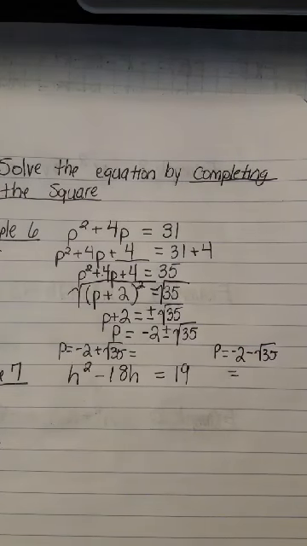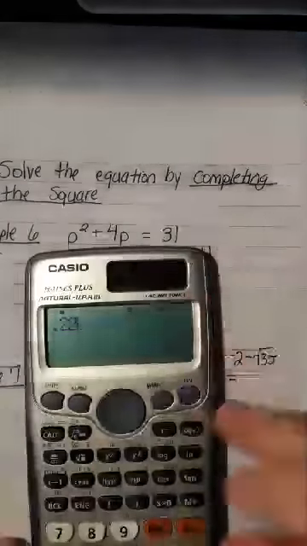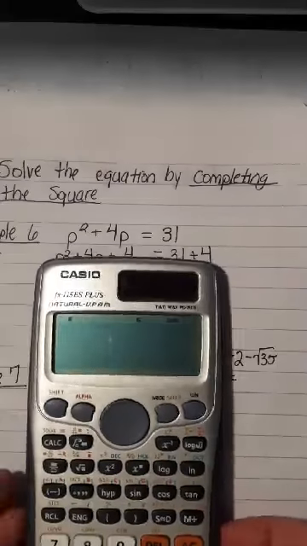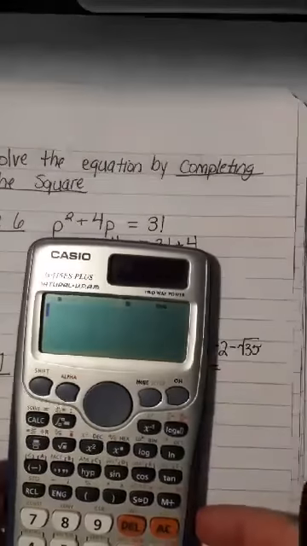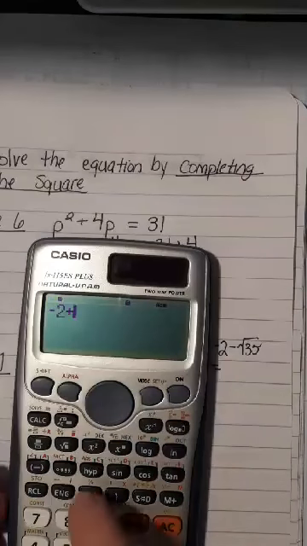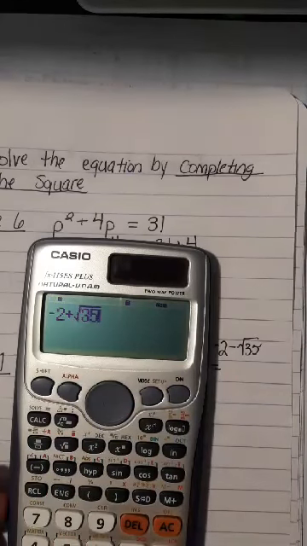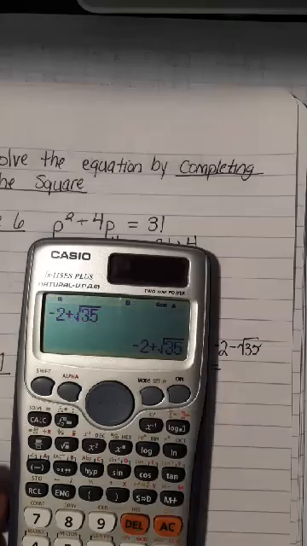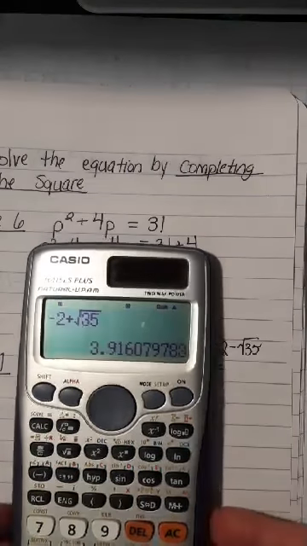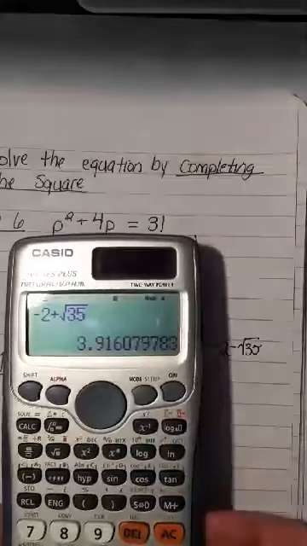Okay, so let me get my calculator. So I'm going to punch in -2 plus the square root of 35. Hit equals, and then you've got to use the SD key to change it to decimal. And you've got to round that to the nearest hundredth.